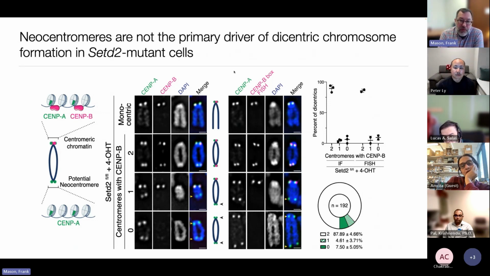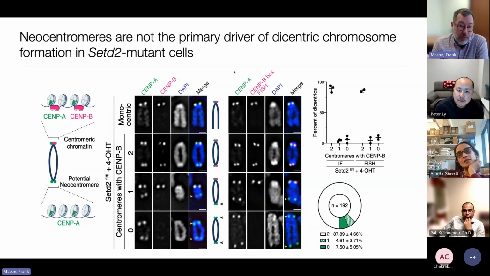And so we stained for CENP-A and performed FISH for the CENP-B boxes, and then asked how frequently we are seeing CENP-A localize without CENP-B. So the panels at the bottom, where we see CENP-A localizing without CENP-B, would be suggestive of neocentromeres.